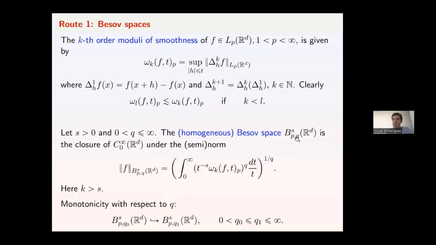The second index q in Besov spaces plays a key role dealing with embeddings because it enables us to sharpen results. And in particular, the scale of Besov spaces is monotone with respect to the second index. So the largest possible Besov space with fixed smoothness and integrability occurs if q is equal to infinity.